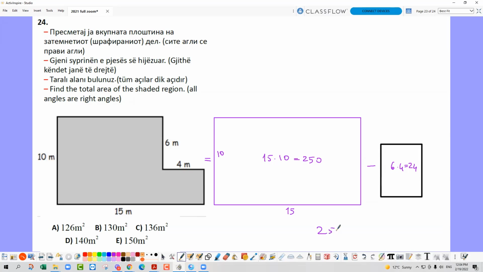So 150 minus 24, the answer is going to be 126, which is A.